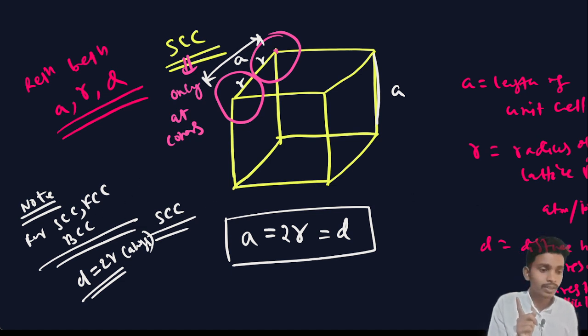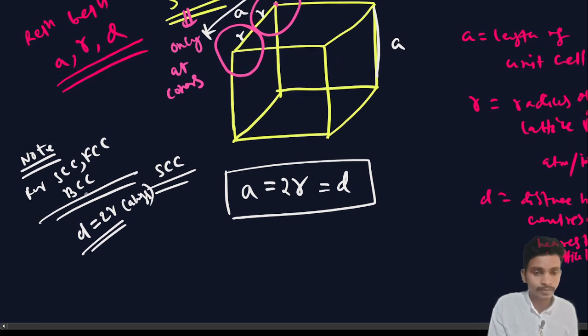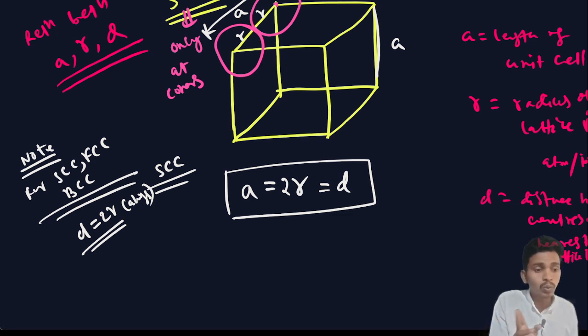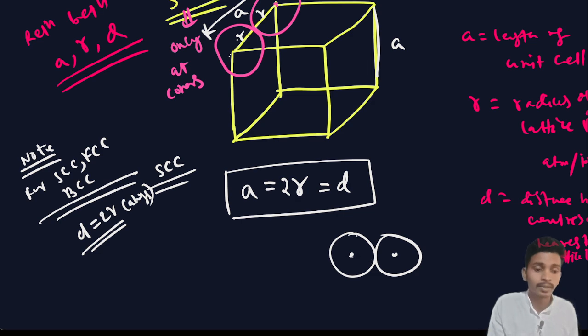Because D is the distance between the centers of two nearest lattice points, and between two lattice points the shortest distance is always 2R.